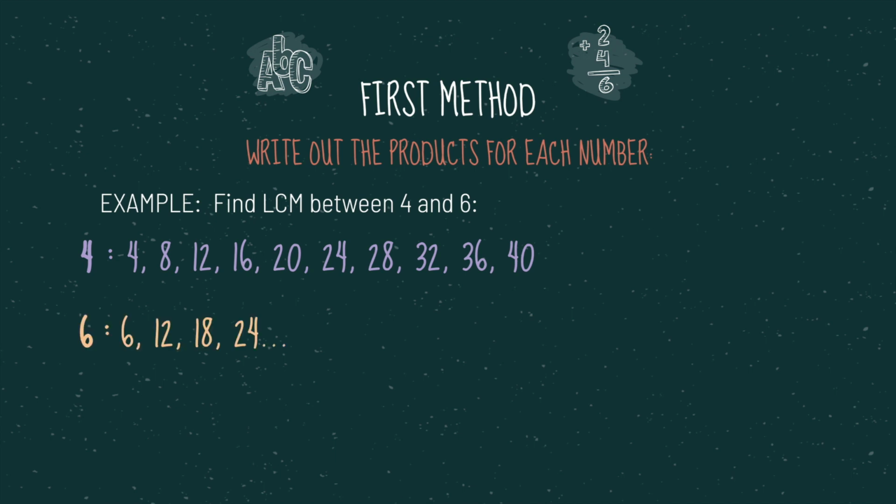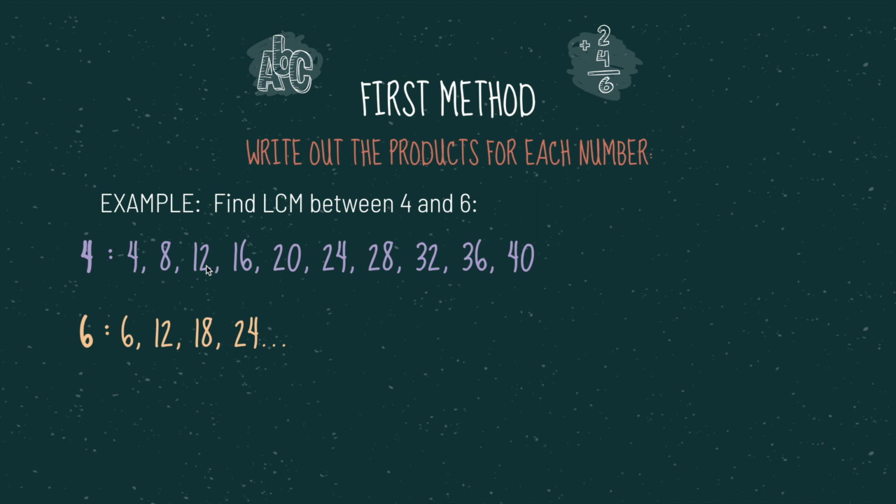So for 4, we have 4, 8, 12, 16, 20, 24, 28, 32, 36, and 40. And for 6, we have 6, 12, 18, and 24. Now we're going to circle the same products for each multiplication table.